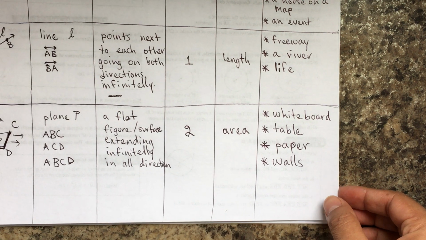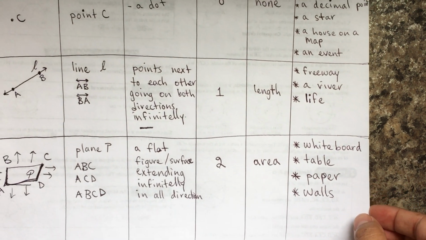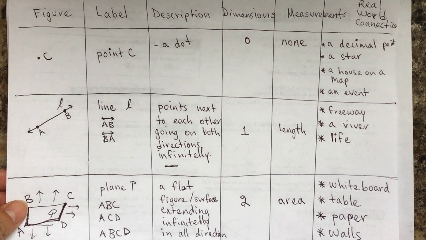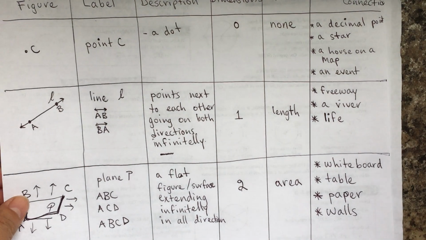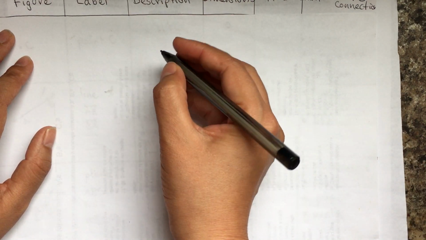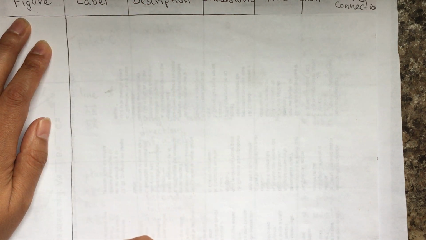Now we're going to go to something different, and for the next one we're going to have something similar. However, we're not going to have a description, rather we're going to have a definition.